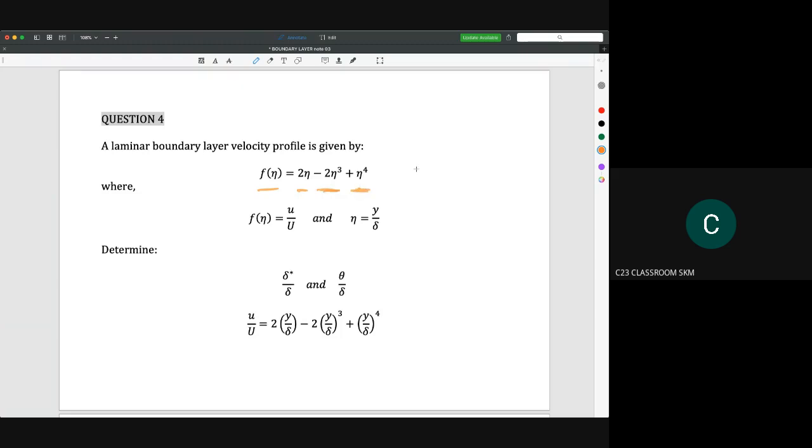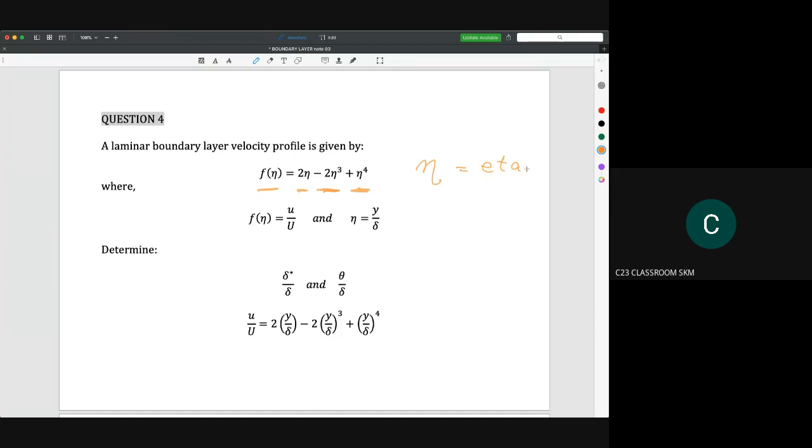So this symbol, you can call it eta. Sometimes in a boundary layer, they will give you the velocity distribution in terms of eta. Please do not be surprised, because eta is actually the simplified version of the normal velocity distribution.